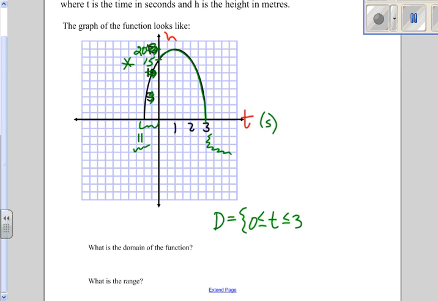So time would also be restricted in that sense. But you can have parts of seconds, 1.3 seconds, 1.75 seconds. So we can say that t otherwise would be all the little bits in there. It is a real number between 0 and 3. The range of the function is the dependent, which is your height.